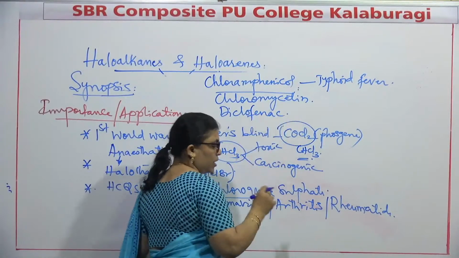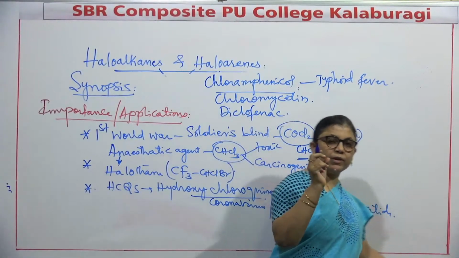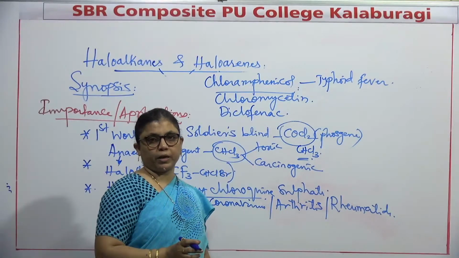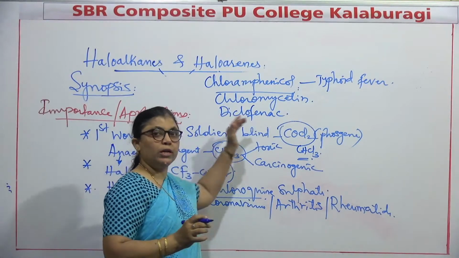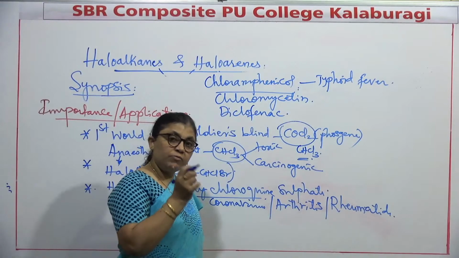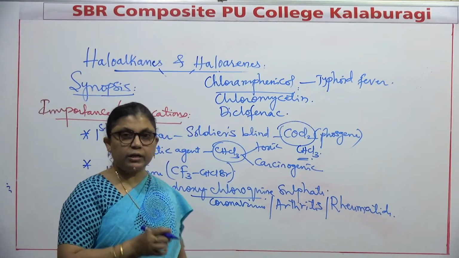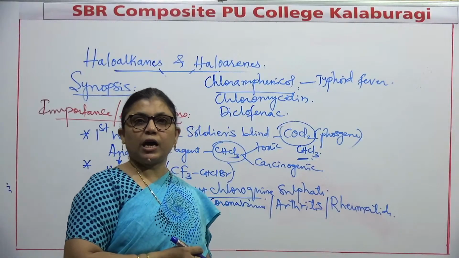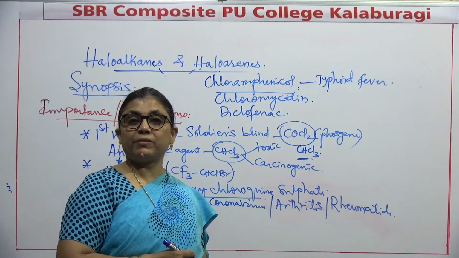So it means that whenever we are dealing with any topic, we should know the importance of the topic. Don't think that they have only medicinal application. Even the haloalkanes or haloarenes, which are derivatives of halides, are used as a pesticide.